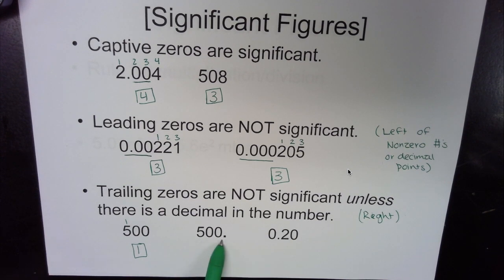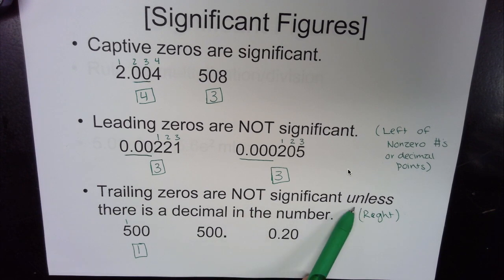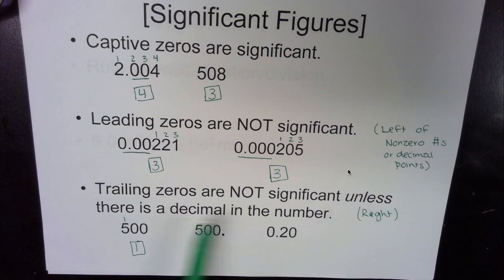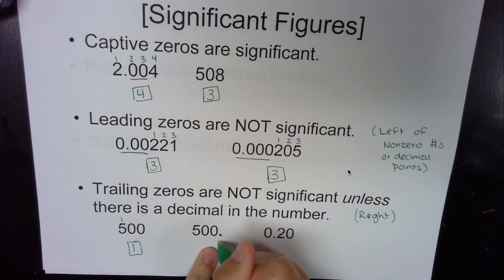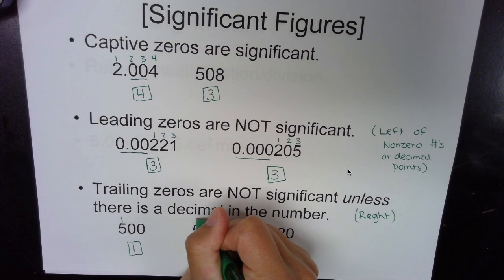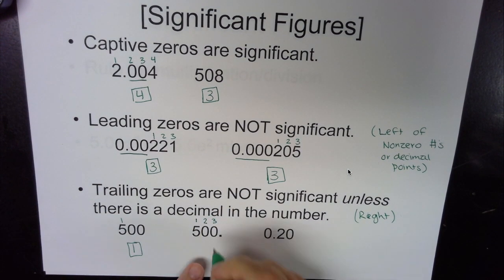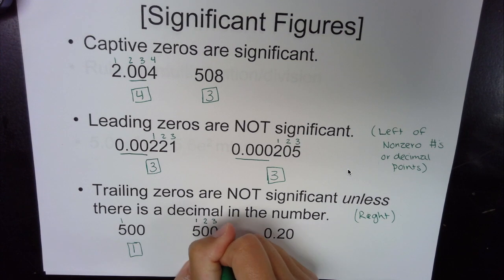Now we put that decimal place on there. Now we are in this kind of caveat. So they are not significant unless there's a decimal point. So now putting this decimal point here, it makes this significant as well as those 2 zeros. So that gives you a total of 3.